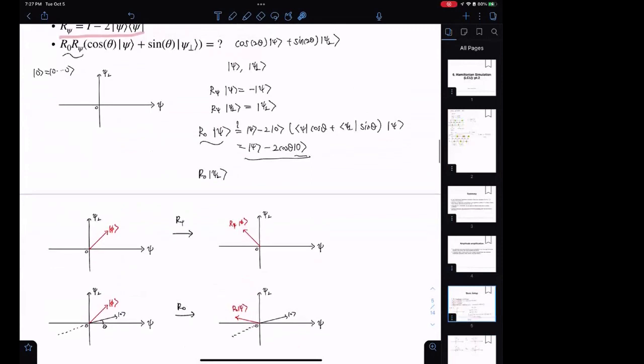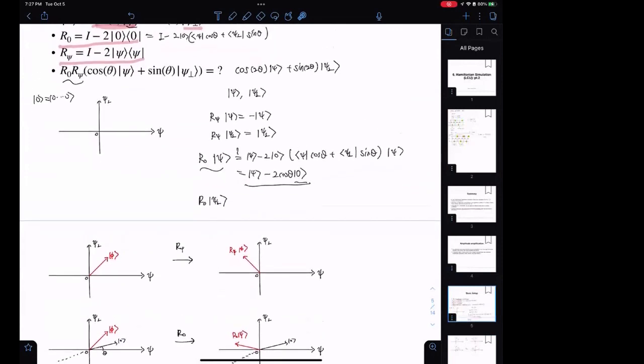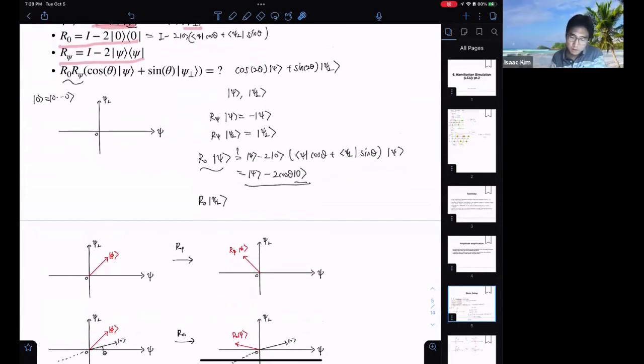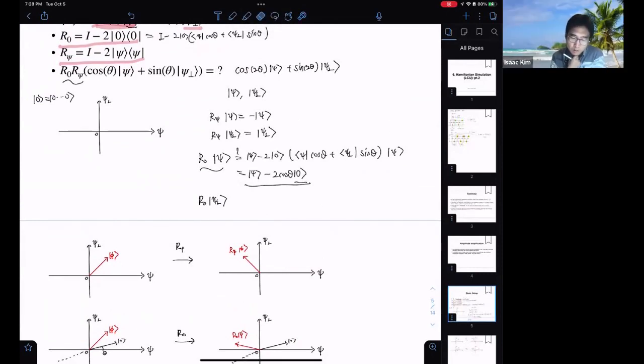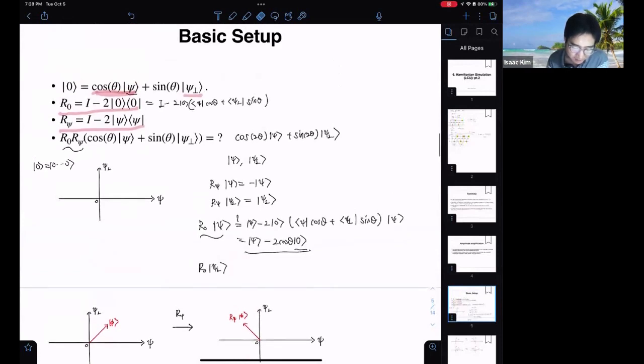Wait, so you basically go from theta to 2 theta through this operation. Mm-hmm. All right, so how is that an amplitude amplification? Let's see. Yeah, I think I see what you mean. Yeah, so amplitude has decreased. But the thing is, clearly I made a mistake somewhere.